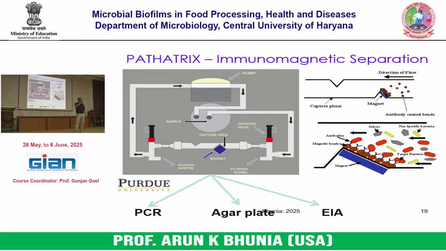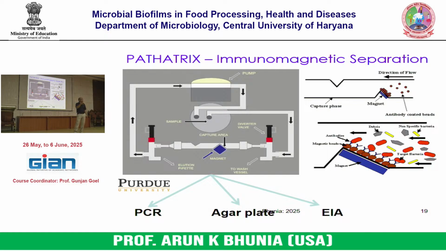If you have a low number of cells in serum, you can run the serum through the magnet, right? It will collect all those. A lot of times in cancer therapy, if you are trying to remove certain populations of cancer cells from the blood, they can run that blood through this magnetic particle system. It will capture the cells, and then you put the blood back into the human.